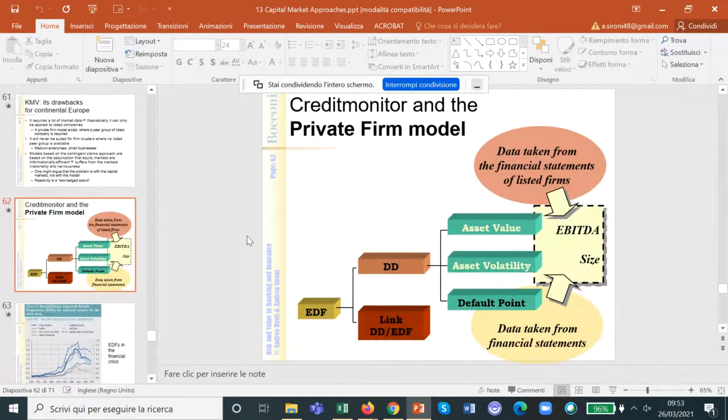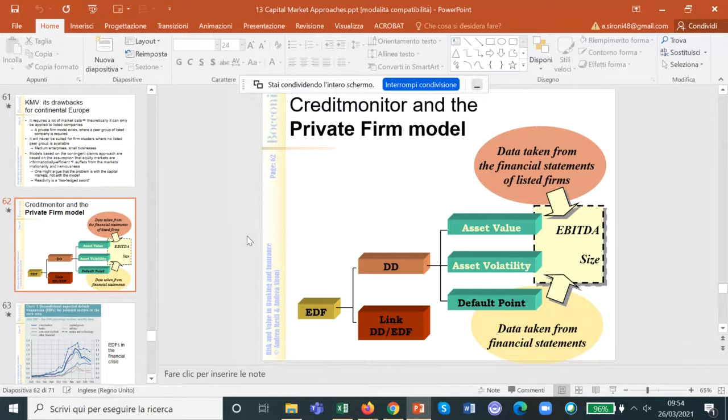The private firm model is a model that, as I mentioned, tries to benchmark one non-listed company to a sample of listed companies that are similar in terms of industry, in terms of profitability, in terms of size, so that we assume that the same data that we have estimated for the listed companies, i.e. asset value and asset volatility, can be used for non-listed companies.